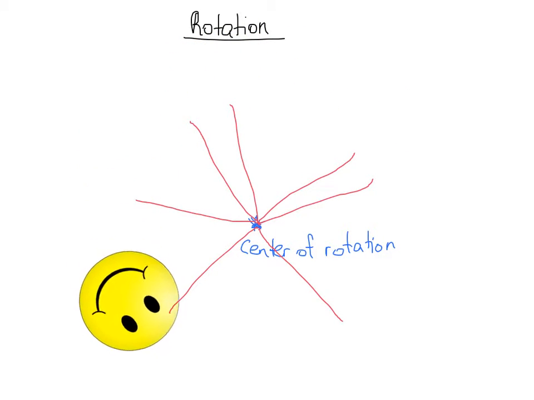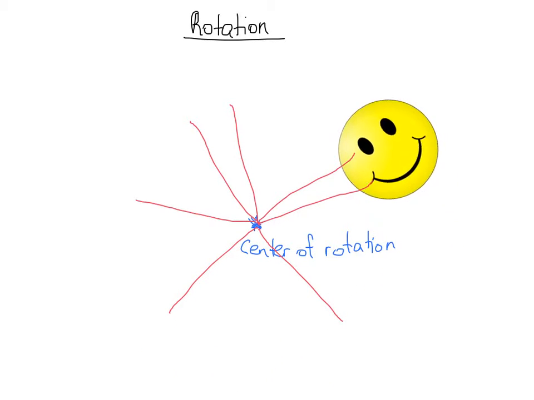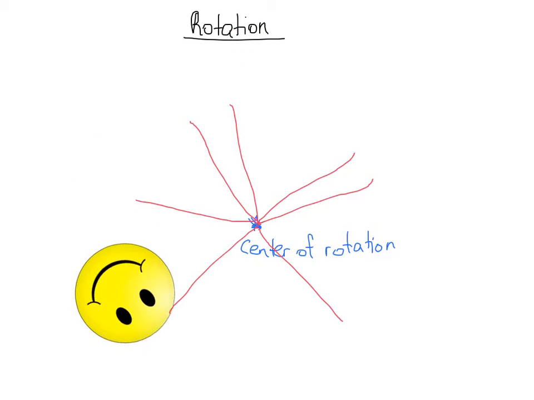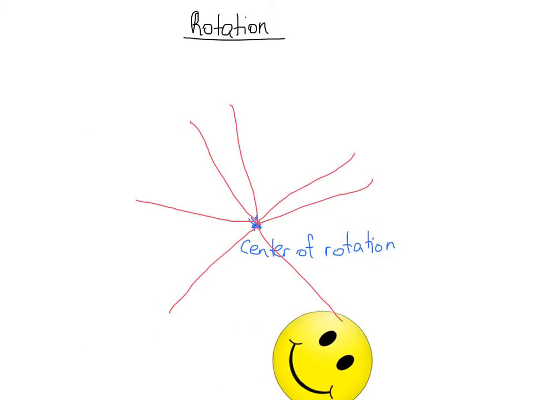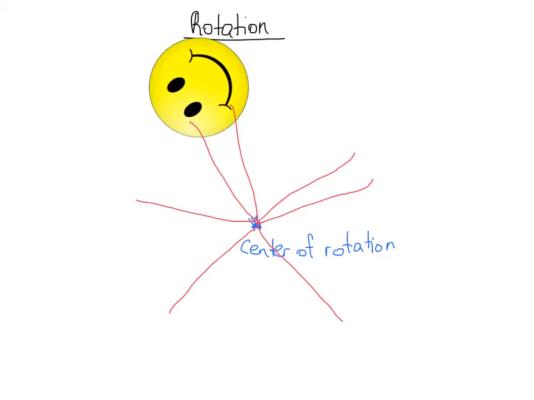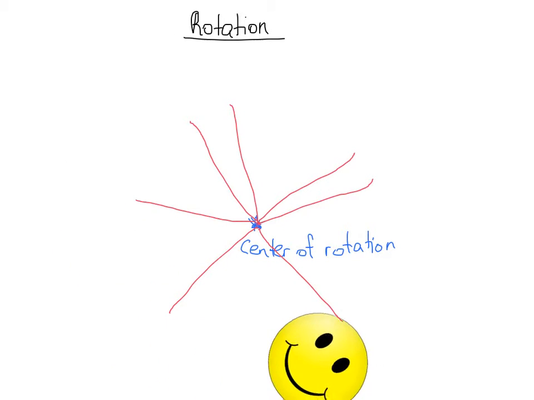So the point I'm trying to make here is that at any given point in time, the distance between the center of rotation right here and the left eye, or any point on the smiley face, is going to be equal. So every figure in a rotation is rotating around that center of rotation.